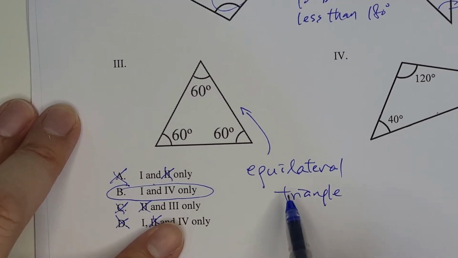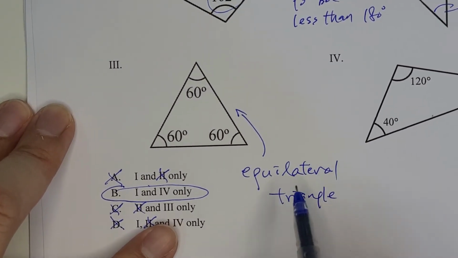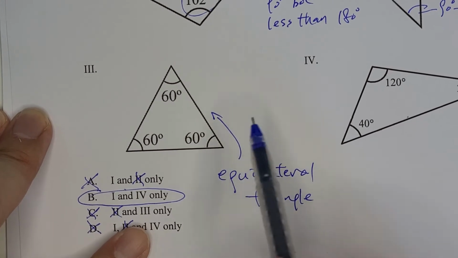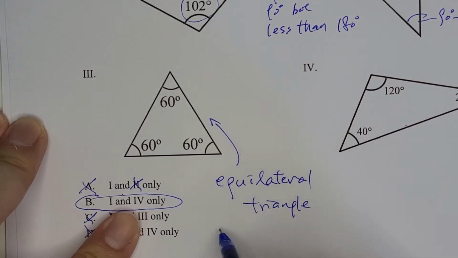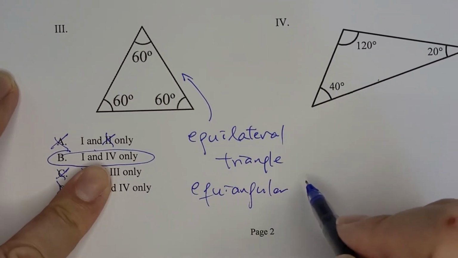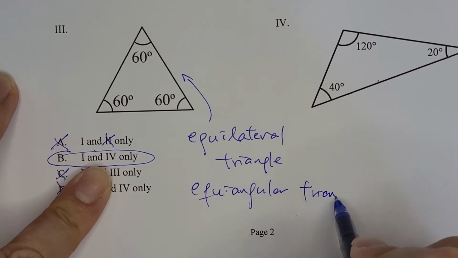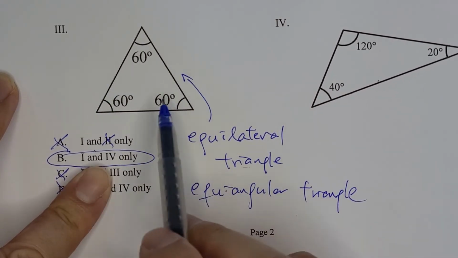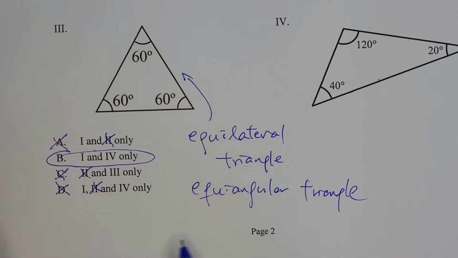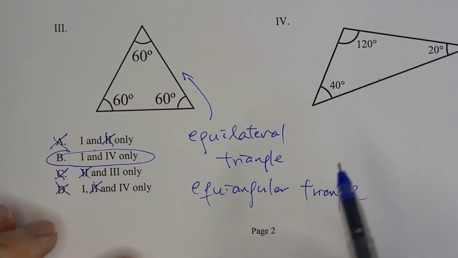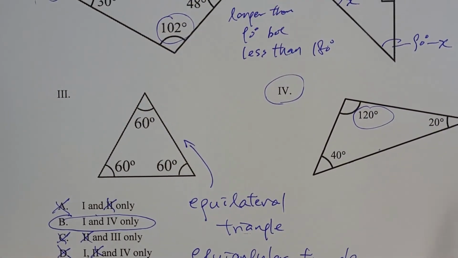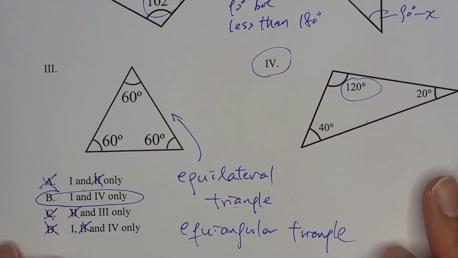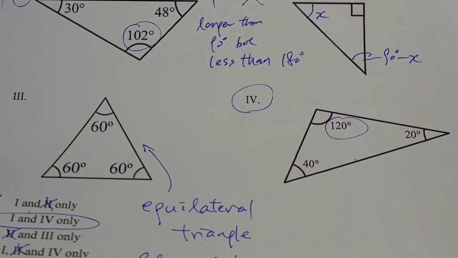Equilateral means three sides equal. Some of you may say this is an equiangular triangle, but usually we call such a triangle an equilateral triangle more than an equiangular triangle. Option 4 of course is correct because there's a 120 degree which is greater than 90 degree and less than 180 degree.